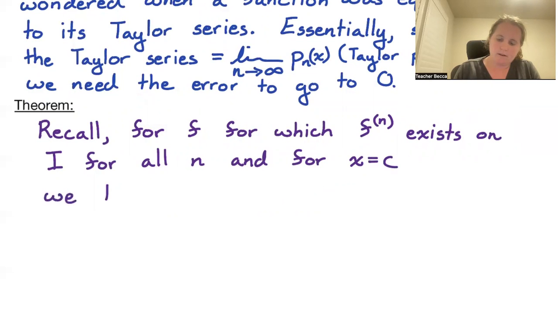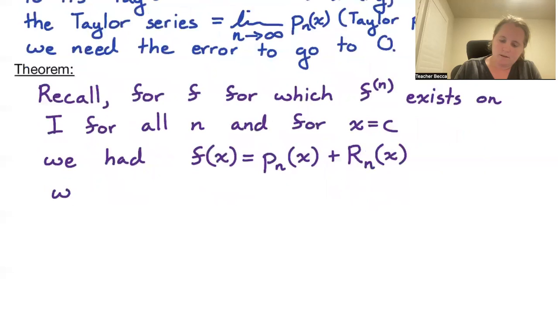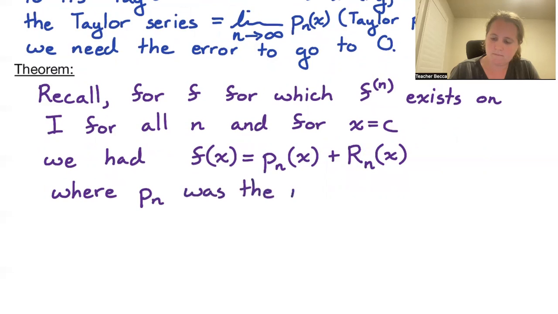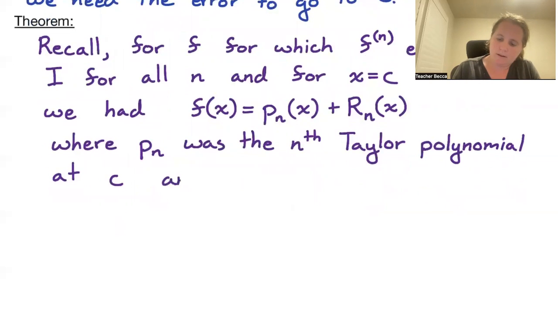We had that f of x was equal to p sub n of x plus r sub n of x, where p sub n was the nth Taylor polynomial at c, and r sub n of x is the error.